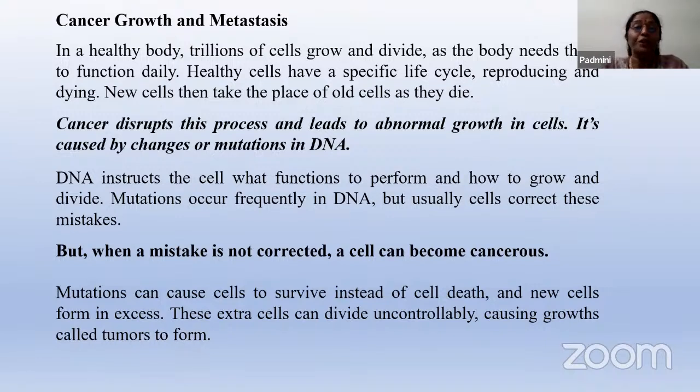If the cells do not listen to the information given to them to stop dividing, it can become abnormal growth, and this abnormal growth in the cells leads to cancer, and this can be due to mutations in the DNA. Now, when these mutations are not corrected, then that can become a cancerous cell. So mutation can cause cells to survive instead of cell death. So that is the meaning of mutations.